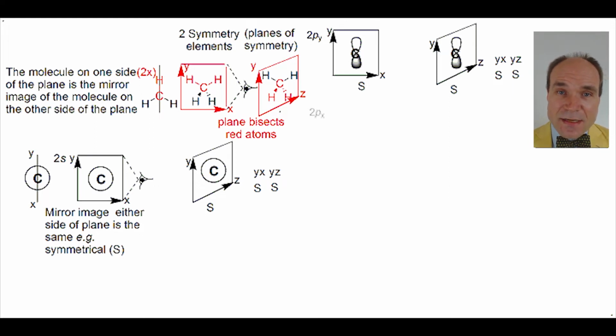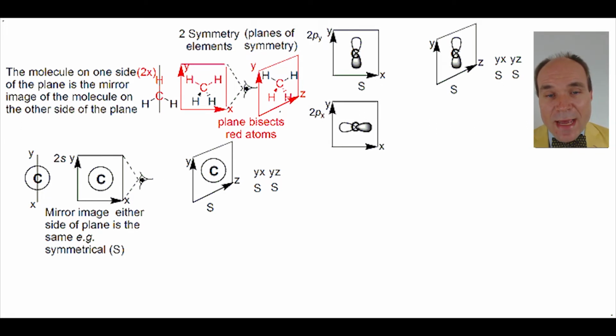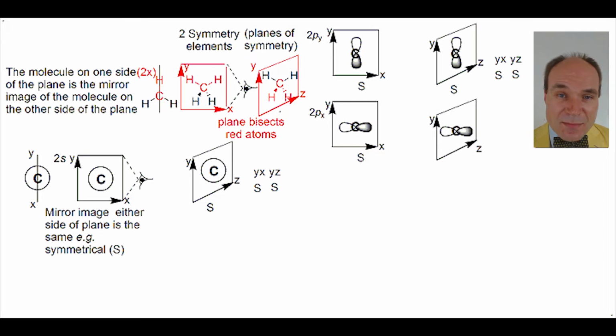Let's now consider the PX orientated orbital. If we think about the YX plane, we will see that either side of the plane is a mirror image of the other side, and so it is symmetric. Now let's think about the YZ plane. This is a little more complex. So again, we're going to place our eye on the right-hand side and look from right to left and imagine what we would see.